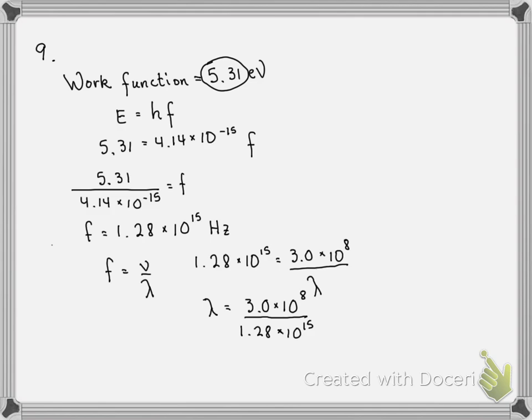So 2 significant digits in the numerator. And when you do that division, you are going to get that the wavelength is 2.3 times 10 to the negative 7th meters. So remember, work function is the stubbornness with which a metal holds on to its electrons.